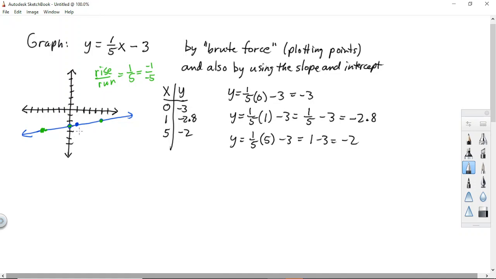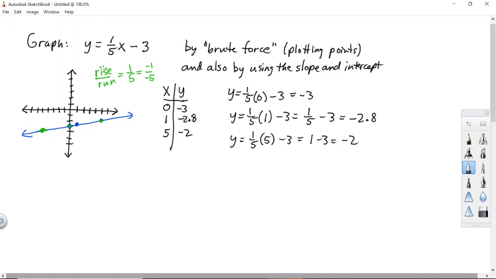So that is quicker and easier than the brute force method. And generally, if you know something about the type of equation you have, there is an easier way than the brute force method. For absolute value equations, remember, if we can find that vertex, we can just graph it using our knowledge of the vertex, and then using our knowledge of the absolute value equation, we can graph that pretty quickly.